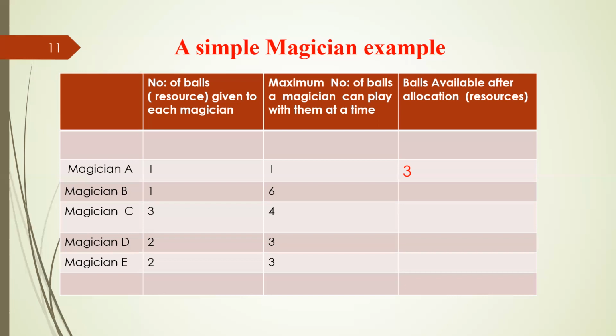Take magician C: the balls given are 3, and the maximum is 4. Similarly, magicians D and E. And at last, the balls remaining at hand are 3. That is, 3 balls are not given to any magician.